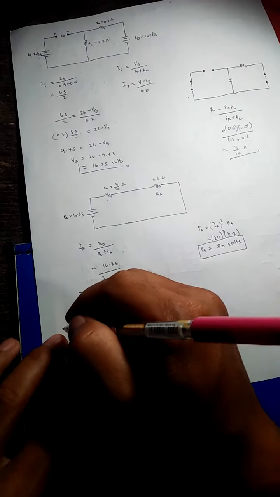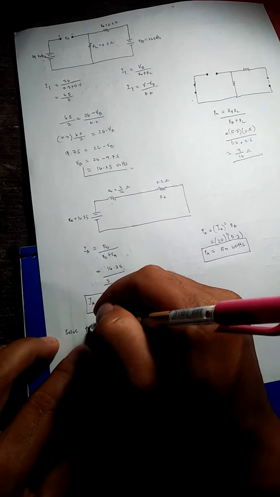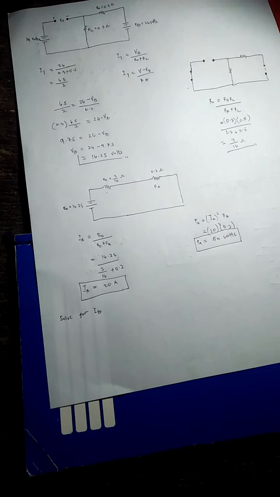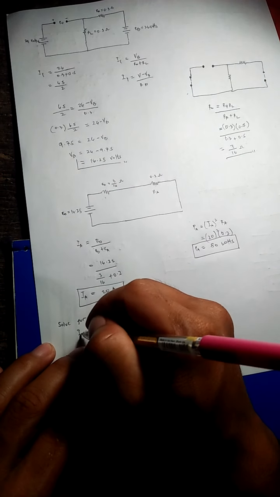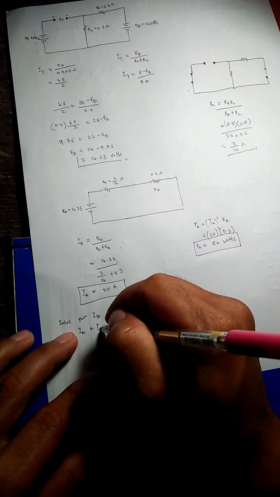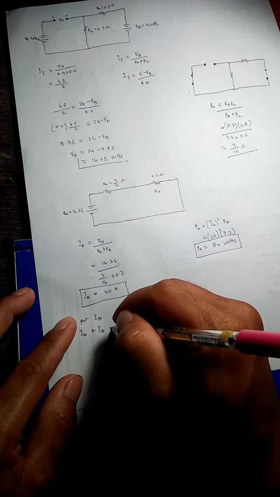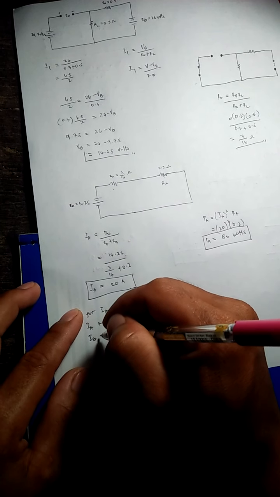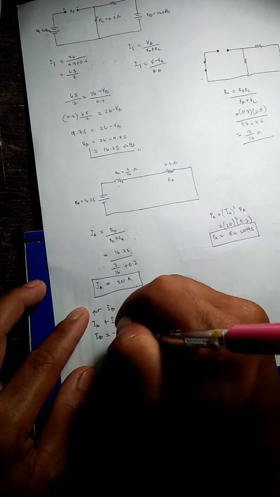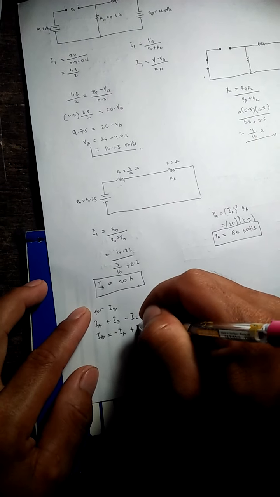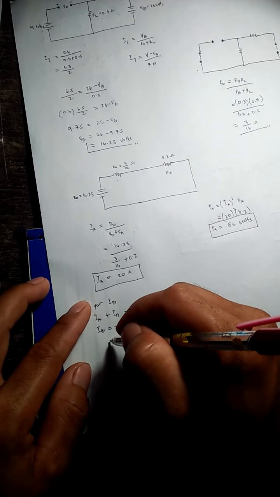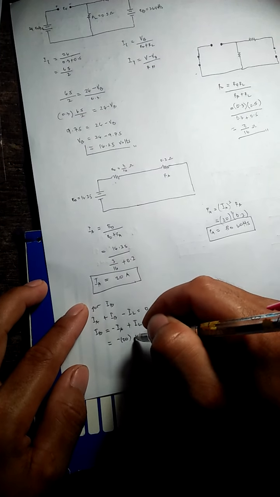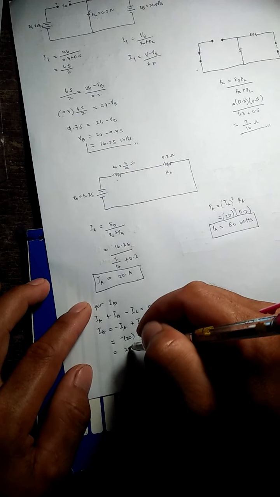Then solve for IB. Solve for IB using KCL: IA plus IB minus IL is equal to 0. Basic algebra: substitute negative 20 plus 40 is positive 20 ampere.